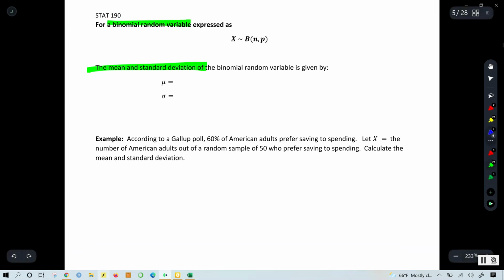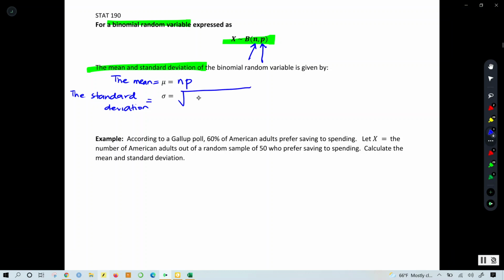So, in a nutshell, once you isolate the parameters of the binomial distribution, namely the number of trials and the probability of success, it is a simple deal to get the mean and the standard deviation, because the mean of the binomial random variable is given by n multiplied by p, whereas the standard deviation, represented by sigma for the binomial distribution, is the square root of n times p times 1 minus p.